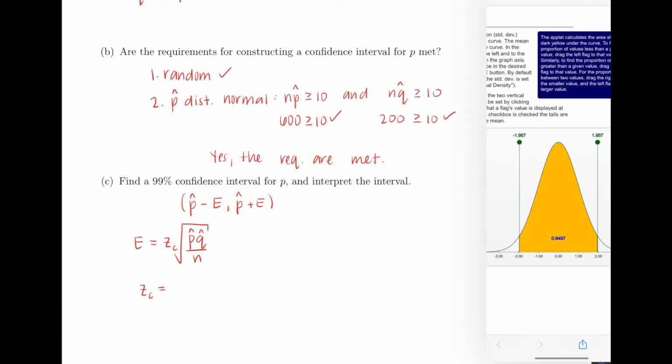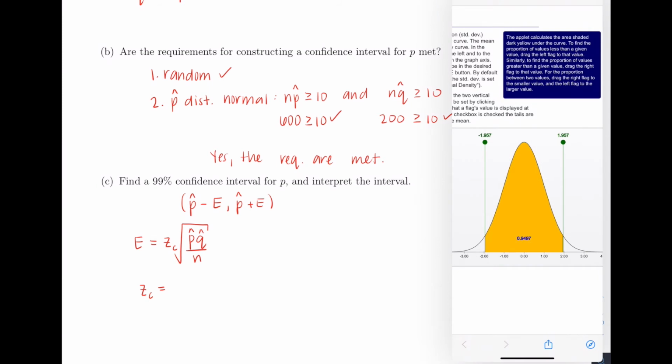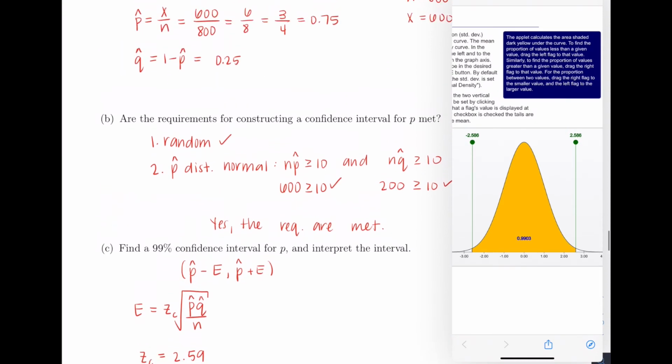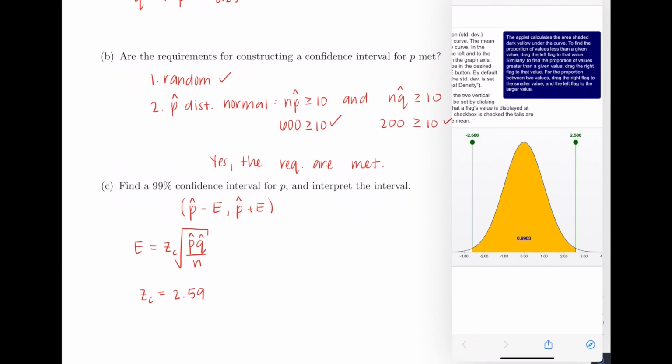If I bring up that applet again, and I move these lines until I have 0.99 underneath my curve, or approximately, let's see how close I can get. That's pretty close. And so I see that my critical value is now 2.586. I'm going to round that to 2.59. I think typically the one people use when it comes to a 99% confidence interval is actually 2.58, but again, this would just be a rounding issue.